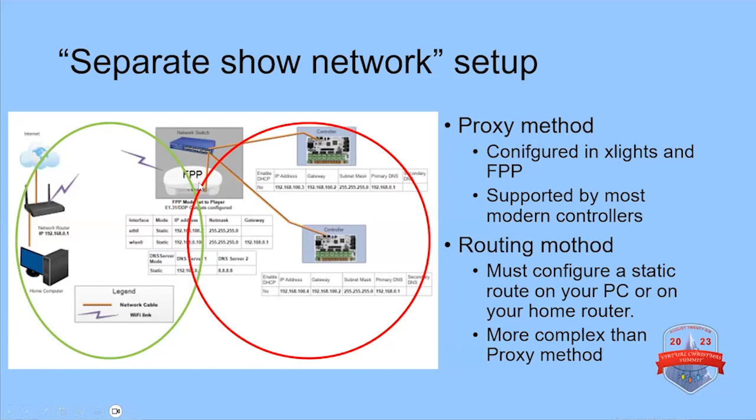And there's 2 methods primarily to how to allow your xLights computer to access your controllers. So in the proxy method, this is usually the simplest to configure because it's all configured in xLights and FPP. And there's no advanced network routing or anything you have to do. And it is supported by most modern controllers. So there are some controllers out there that may not work 100% when using the proxy method because it implements a proxy service.